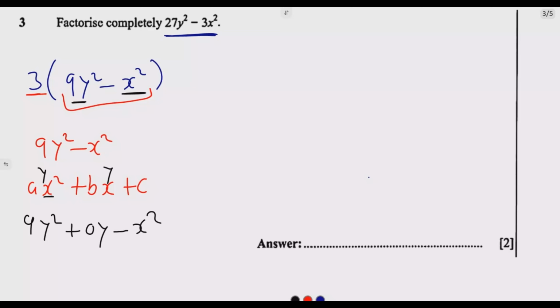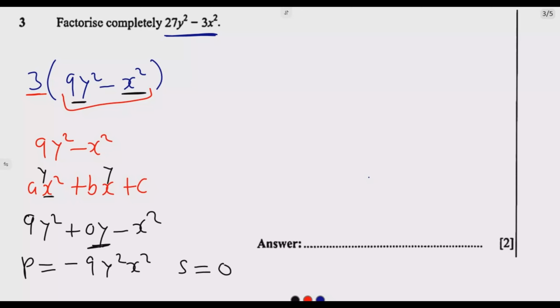From this, we can find the product. The product is 9y² times negative x², which will be negative 9y²x². Then the sum is 0.